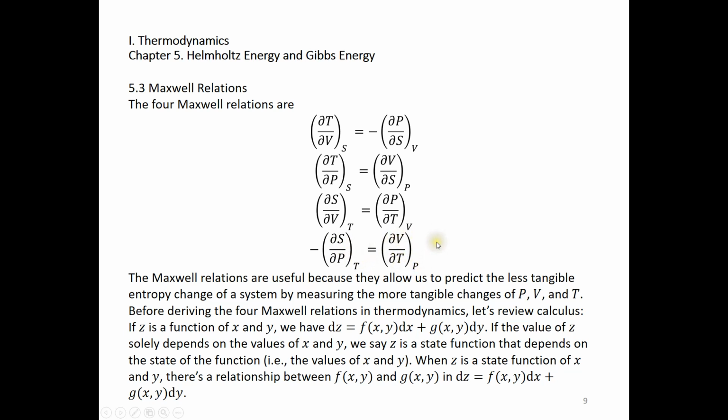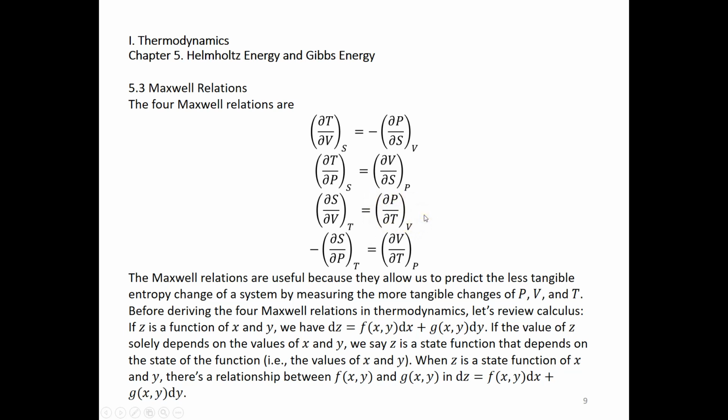Not only is it easier to have temperature, volume, or pressure constant, these two equations also tell us how entropy changes with volume and how entropy changes with pressure. This way we can calculate the change of entropy more easily, because the right-hand side is pretty easy to measure.